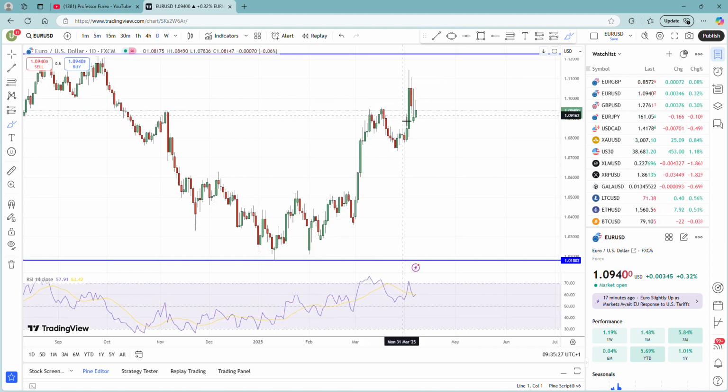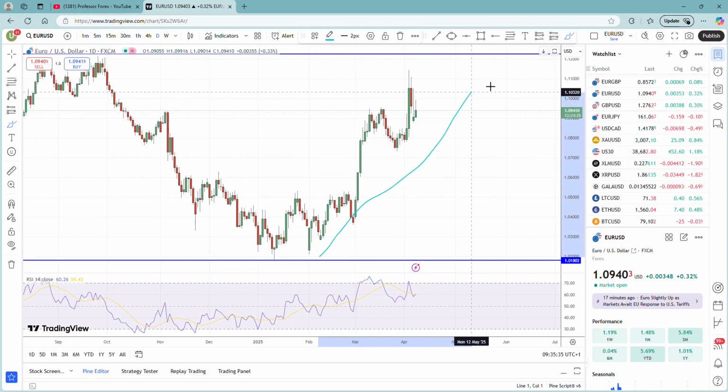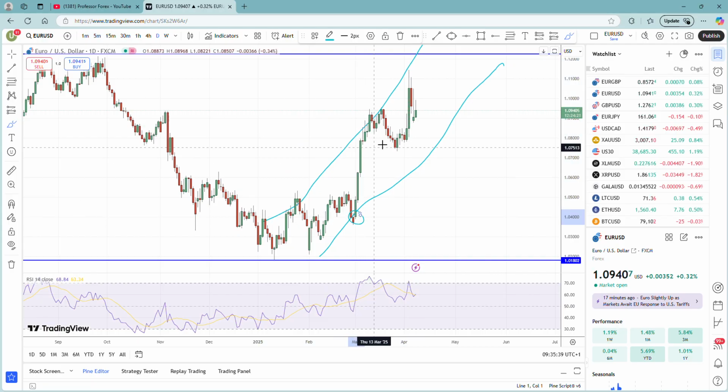If you go to daily time frame, this is where each candlestick represents 1 day of price action. So again, we can see we are in an uptrend here. Price made a higher low, higher high, higher low, higher high. It then broke the previous higher low, so you could say it's made a lower low.